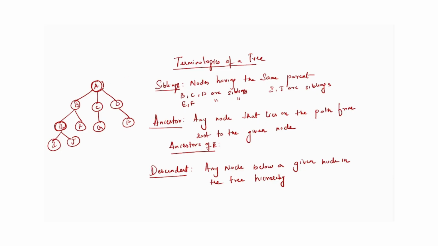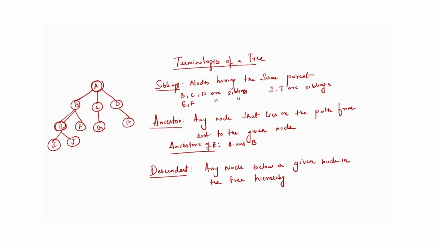So here there is only one path to E, right? A to B and B to E. So A and B are called ancestors of E. Ancestors of E are A and B. Why? Because A and B lie on the path from the root to E, correct?